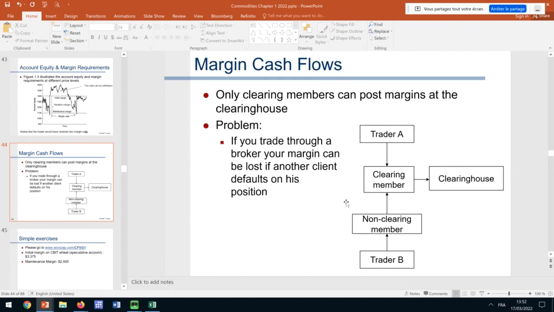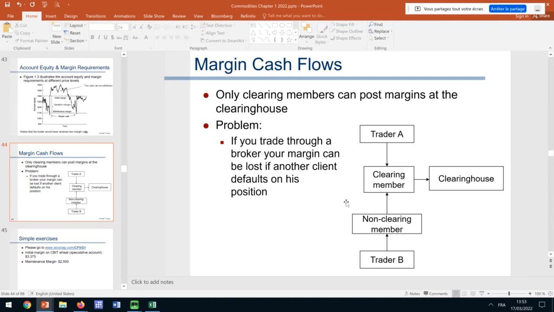These margins are extremely important to make sure that the system remains safe, but there is always fighting about the margins, because of course the traders don't want to put any money there. The money is remunerated at the risk-free rate, so it's not totally lost.